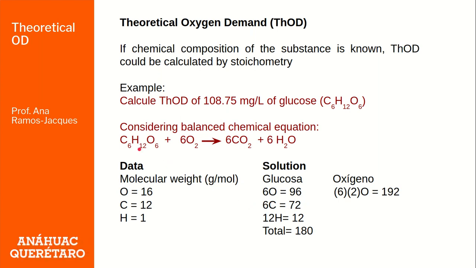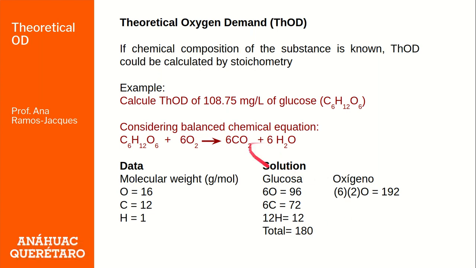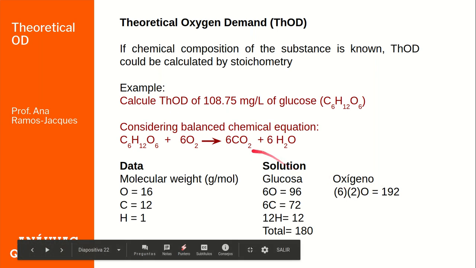Then the same thing for the hydrogen. 12 times 1 is equal to 12. Then you make the sum of these three components, and you have 180. And you do the same for the oxygen.